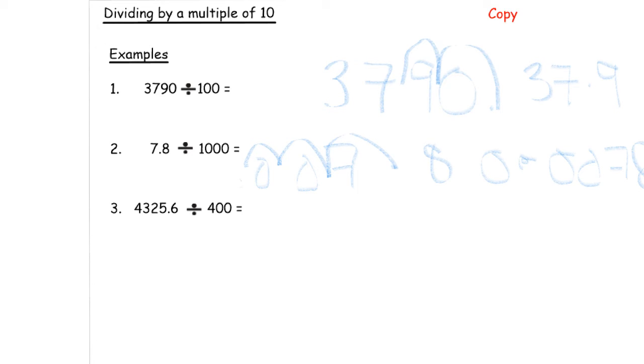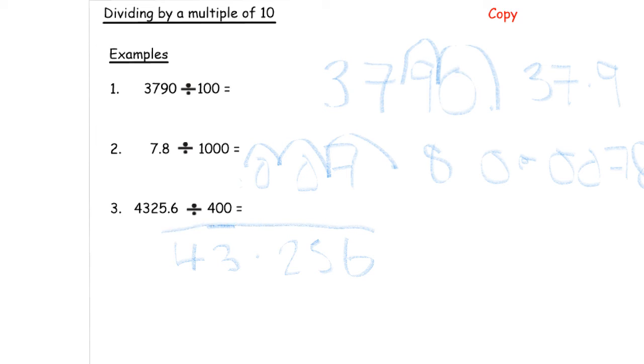So I would rewrite the question then as 43.256, and that now has to just be divided by the 4 from the 400.